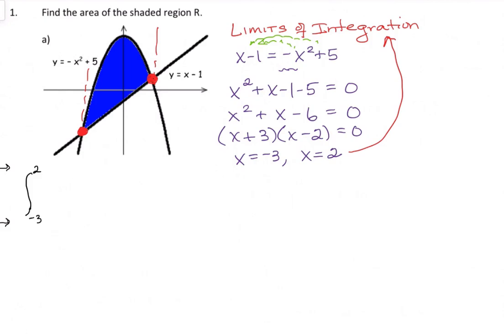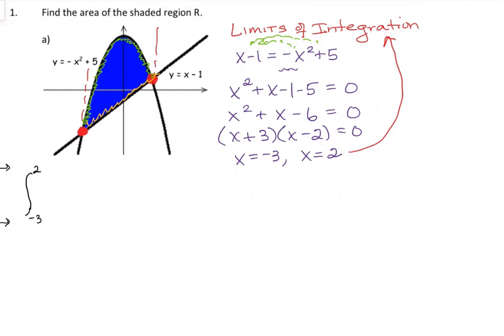And when you look at the drawing, you can determine this by looking at that shaded region in blue and figuring out which curve is on top of that shaded region and which curve is on the bottom of that shaded region. And you're always going to do the top curve minus the bottom curve.